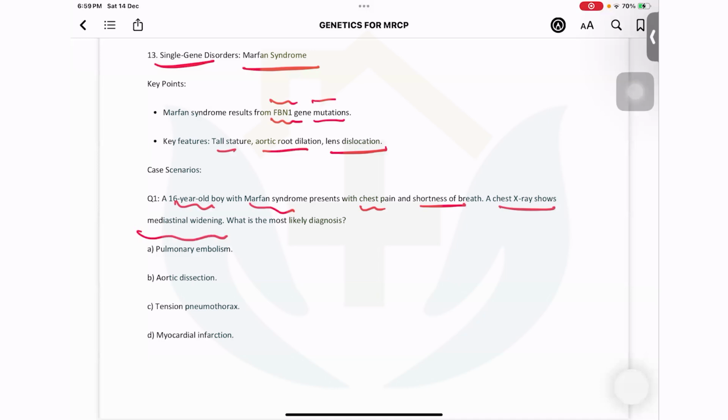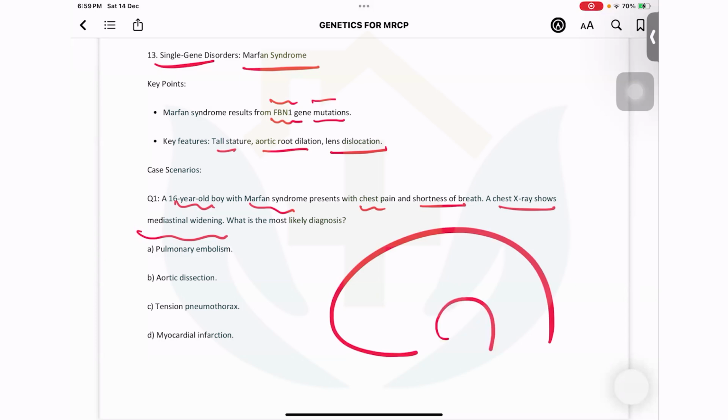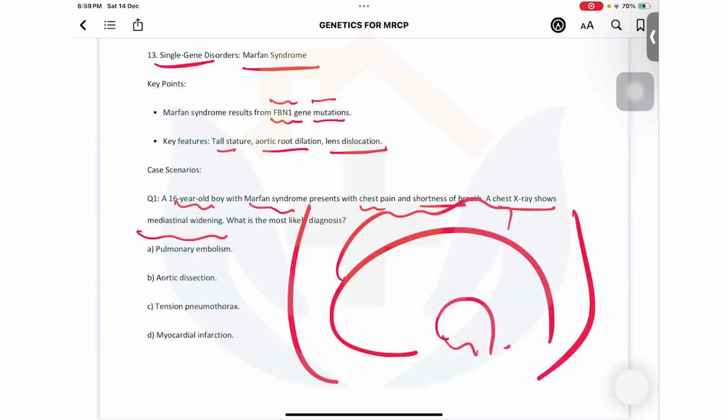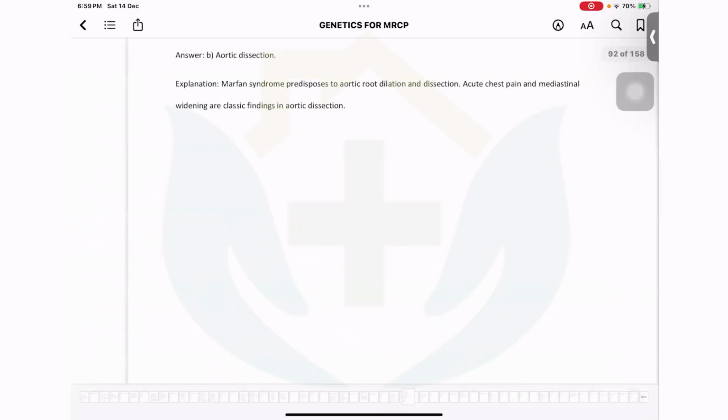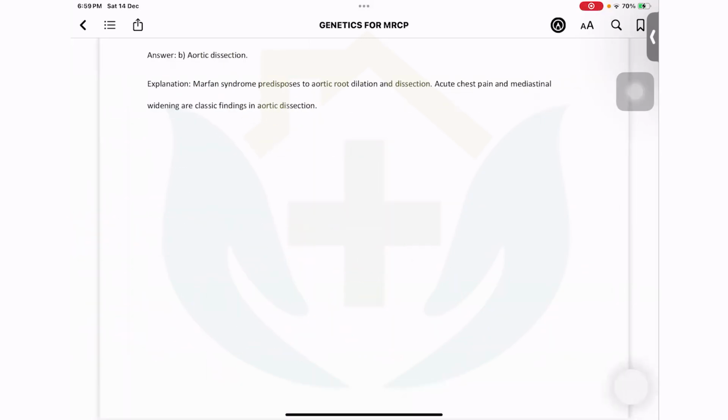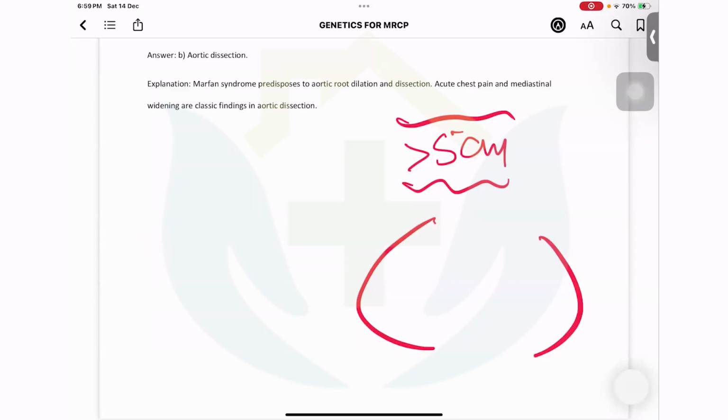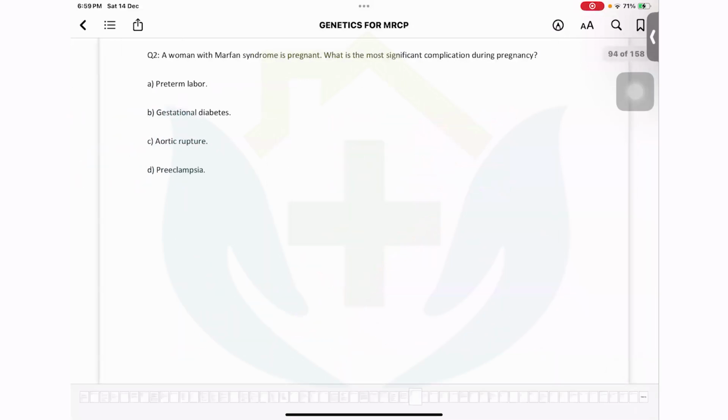What is the most likely diagnosis? Aortic dissection has happened. Marfan syndrome predisposes to aortic root dilatation, and the cutoff is 5 centimeter. Whenever the aortic root is dilated to more than 5 centimeter, it becomes aneurysmal, and there are chances that it might dissect or even rupture.